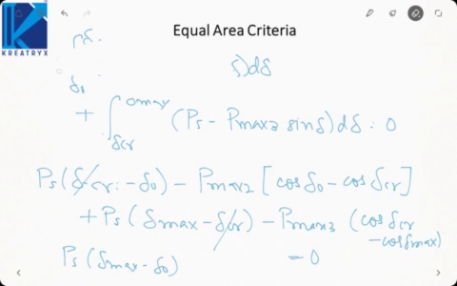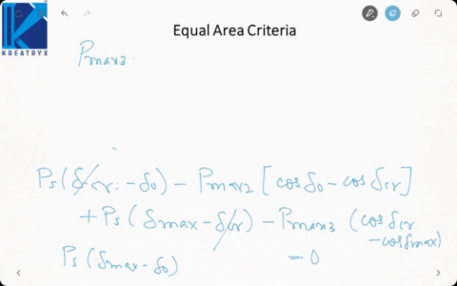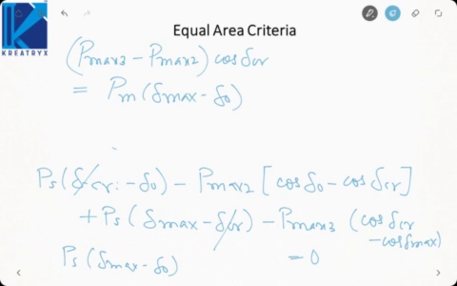Since we are trying to find delta CR, let us collect the cos delta CR terms together. So it will be Pmax 3 minus Pmax 2 times cos delta CR, equal to PM into delta max minus delta naught, or PS into delta max minus delta naught.